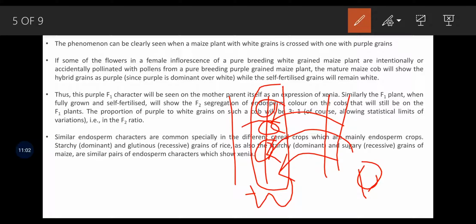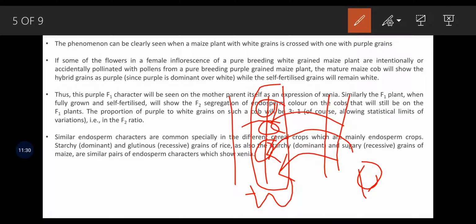Similarly, the F1 plant, when fully grown and self-fertilized, will show the F2 segregation of endosperm color on the cobs that will still be on the F1 plants. The proportion of purple to white grain on such a cob will be 3:1. Here, the segregation ratio is shown in F1 instead of F2 when the Xenia effect is observed.